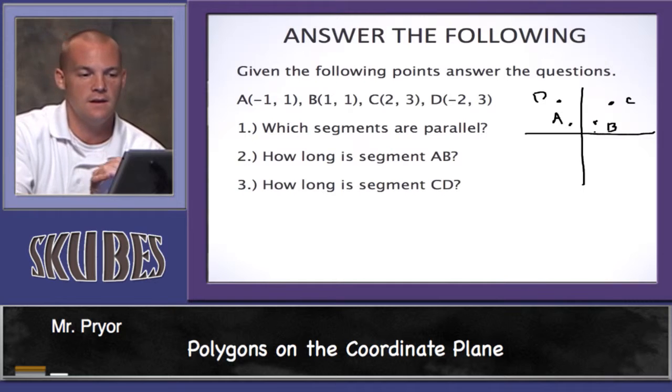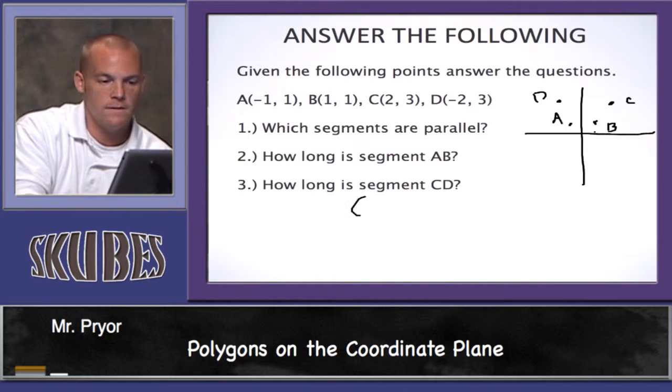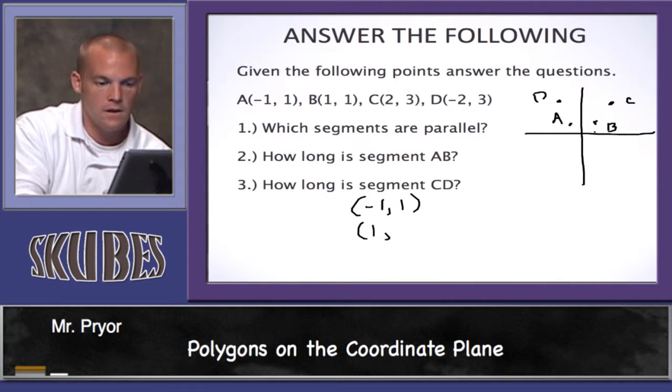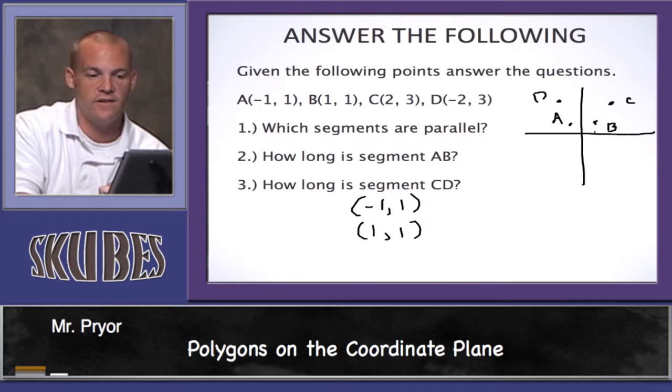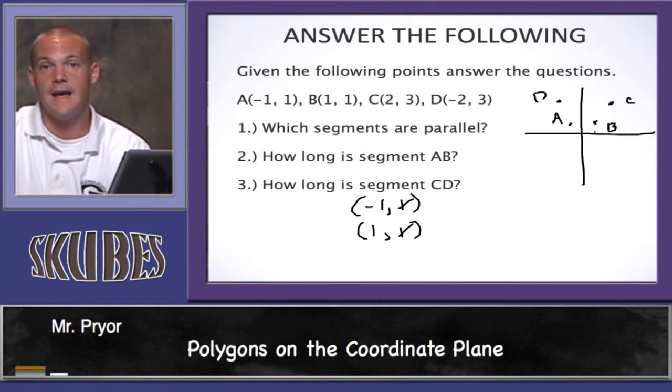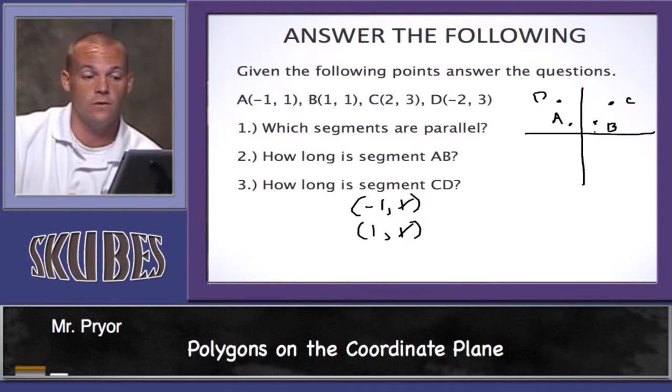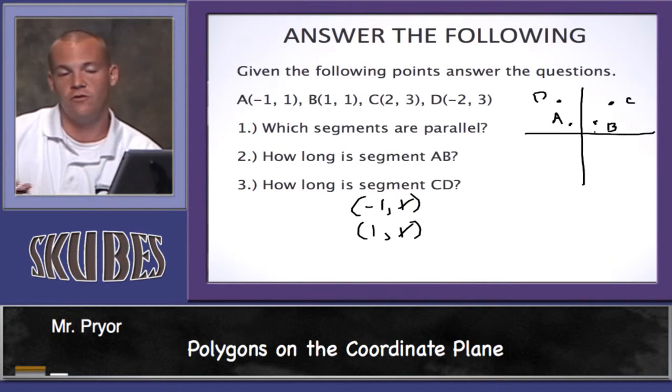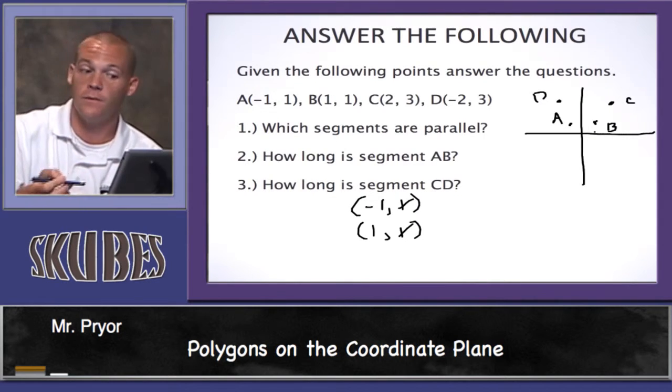Well, segment A to B would be -1, 1 and positive 1, 1. You can see that the like coordinates here are your y coordinates, so you can ignore those and add the absolute values. So it looks like they're going to be 2 places away, which we should have known. One was negative 1, 1, one was 1, 1.